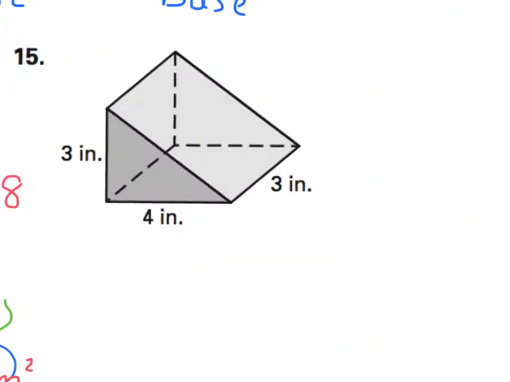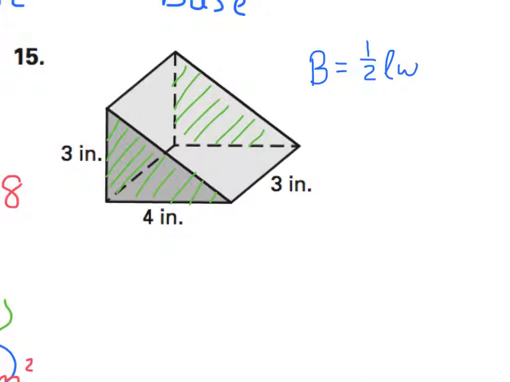So in this situation, my right triangles are the bases. Not the top, not the bottom, but the front and the back. Okay? So when I am finding capital B, I don't use base times height. What do I use? 1/2 base times height, or 1/2 L times W, okay? So let me use LW so we don't get the B's and the H's confused.